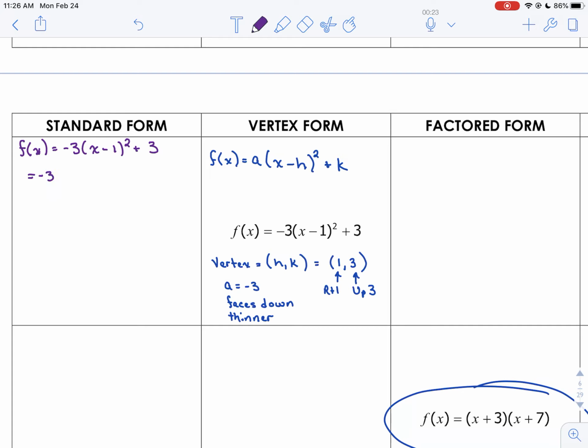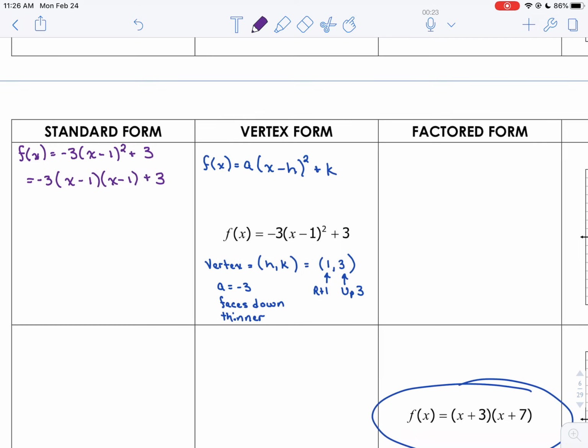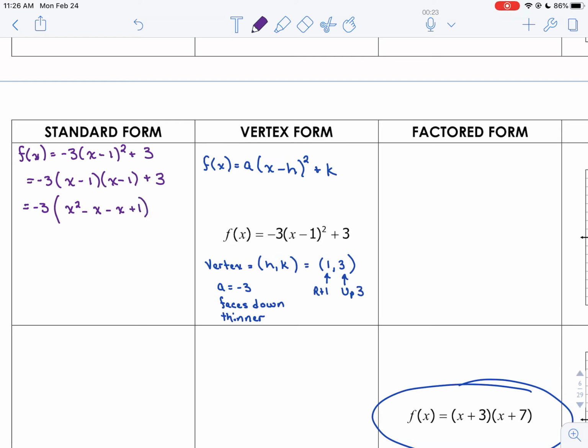If I do that, that's the same thing as -3 times (x minus 1)(x minus 1) plus 3. I'm going to carry the -3 down, but I'm going to FOIL that binomial first. So I get x squared minus 1x minus another x, and then 1 times 1 is +1, plus 3.